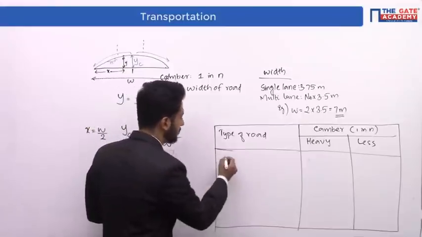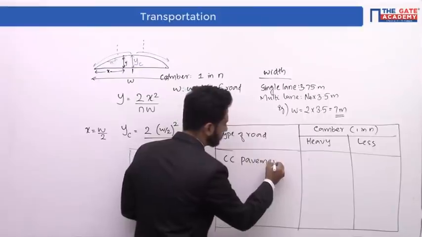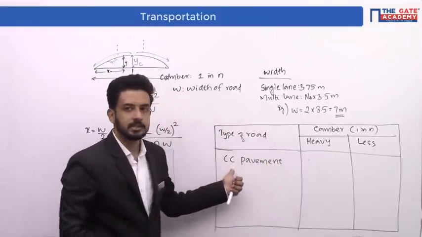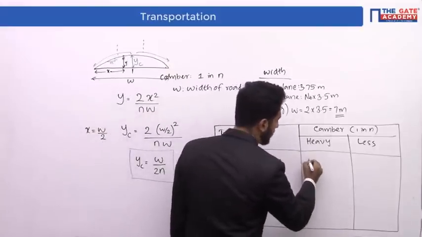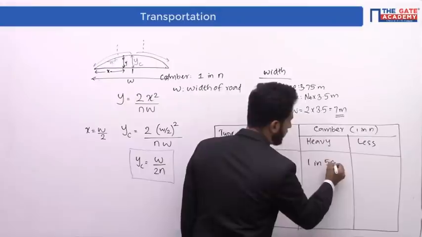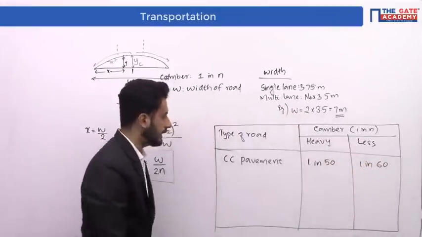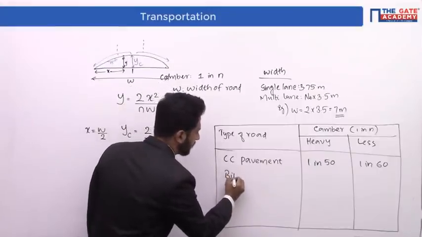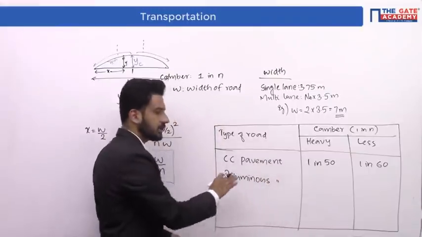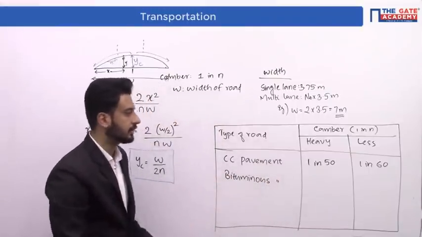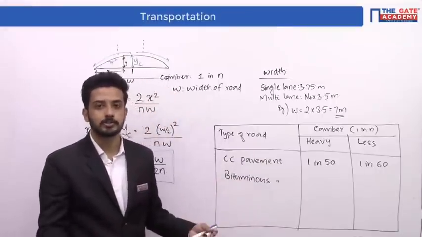Correct? So, if it is a cement concrete pavement, CC means cement concrete pavement, the value of camber is 1 in 50, and if it is less rainfall, it will be 1 in 60. If it is a bituminous pavement, the quality of pavement is decreasing. If the quality of pavement decreases, we provide more slope.